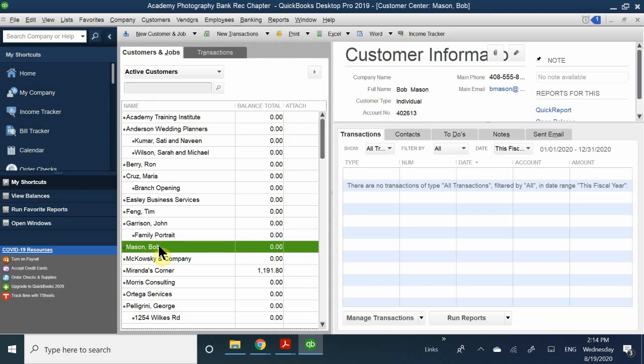All right, here it shows no transactions. How do I find his invoice? Let's see. It's on here. Manage transactions. Not manage transactions, no. Or transactions.